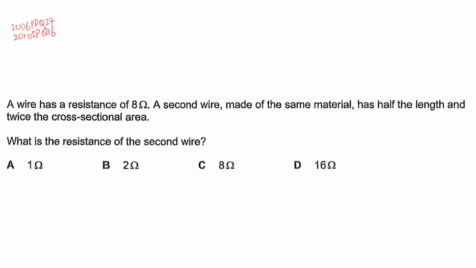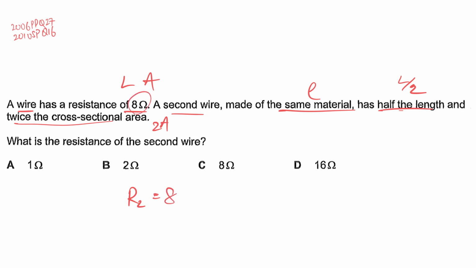In this question, we have a wire of resistance 8 ohms, and a second wire of the same material, so resistivity will be the same, and this new wire has half the length and twice the cross-sectional area. That means if this is L and A, this will be L over 2, and this is 2A. For the resistance of the second wire, we start with the original resistance of the first wire.